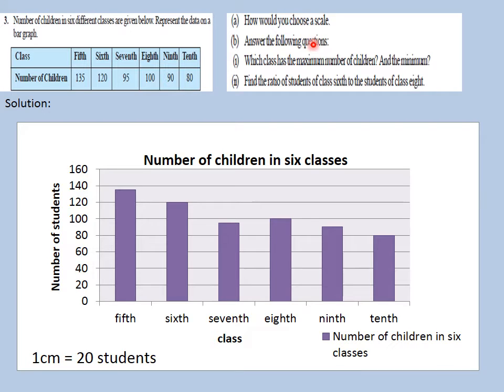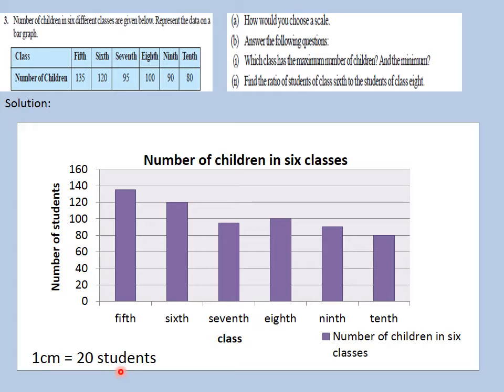Now the question is, how would you choose a scale? The values are 135, 120, 95, 100, 90, 80. You can choose the scale as 1 centimeter equal to 20 students, or 1 centimeter equal to 10 students.